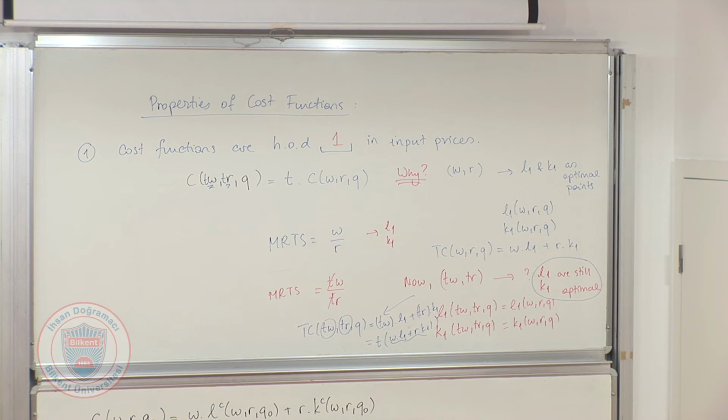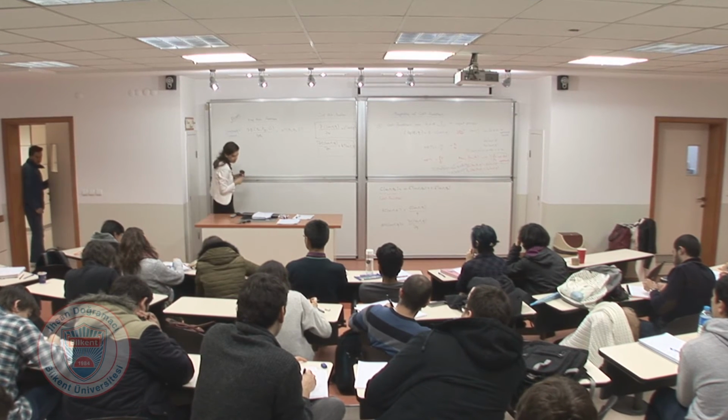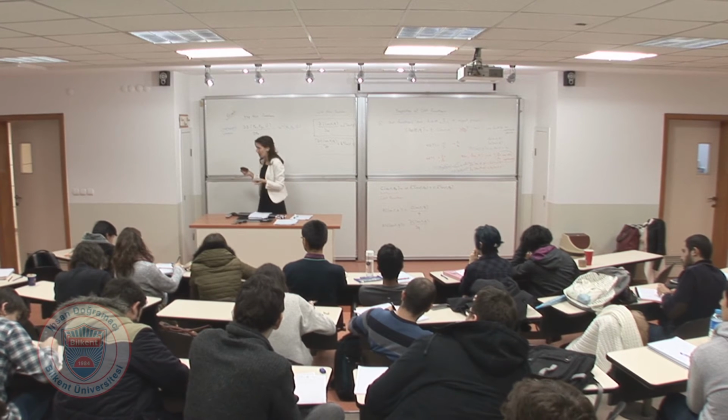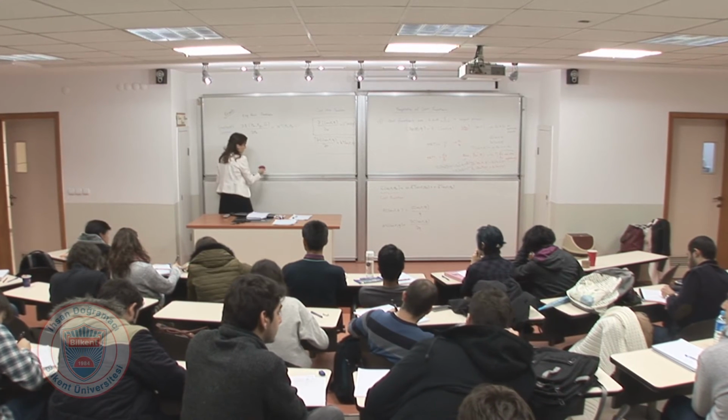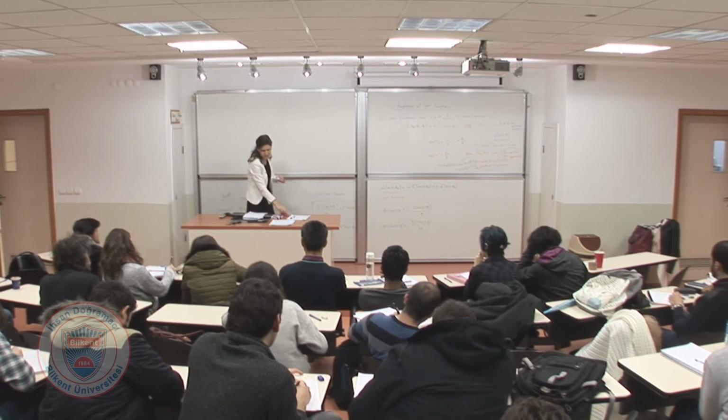You see, it's not that immediate, but did you understand the logic? Because the price ratio didn't change, and for us, what determines the optimal point is the price ratio, okay? Now, we have another property. Let me write it down, the second one.